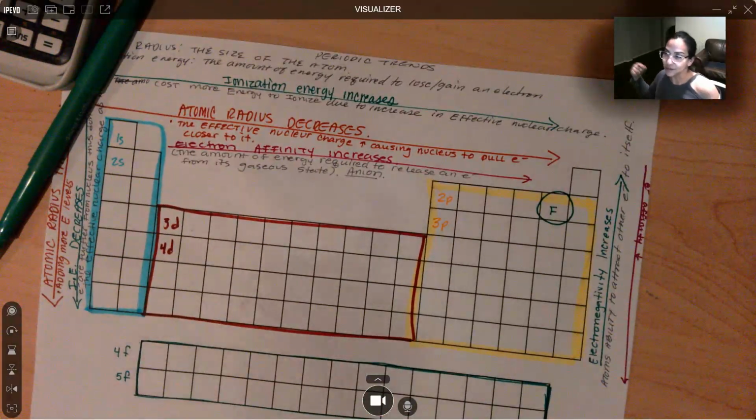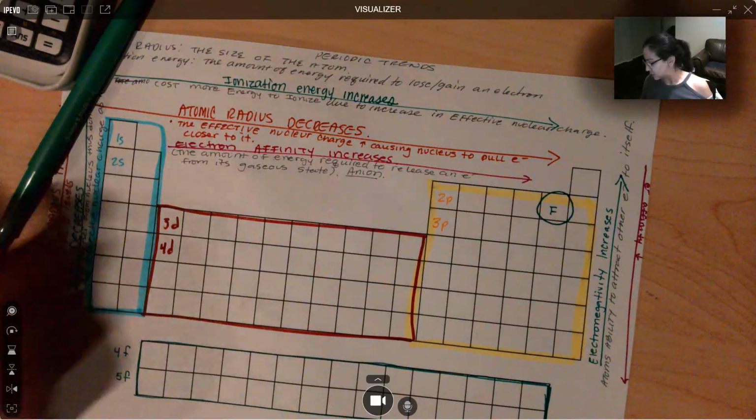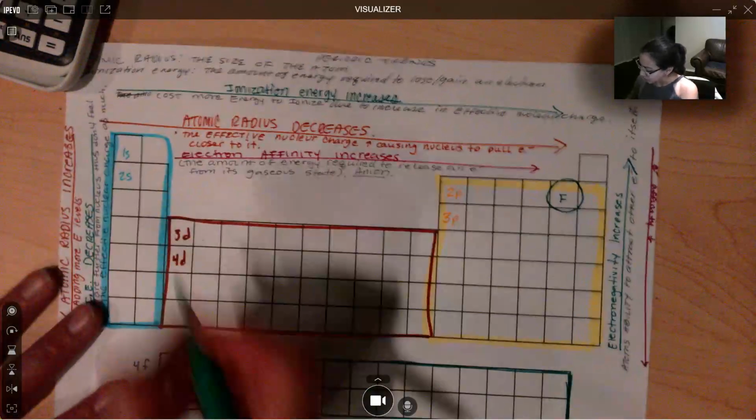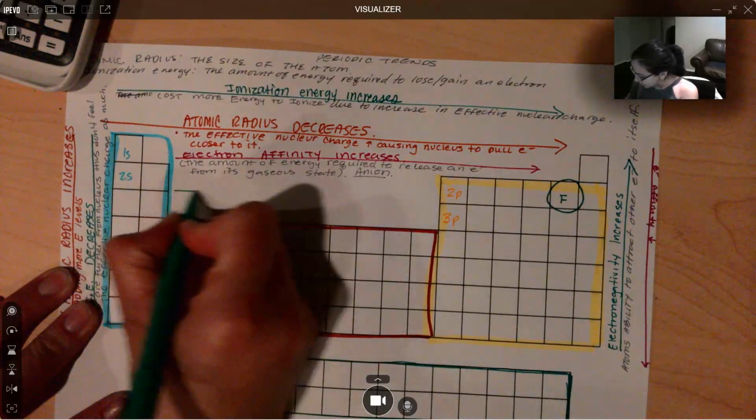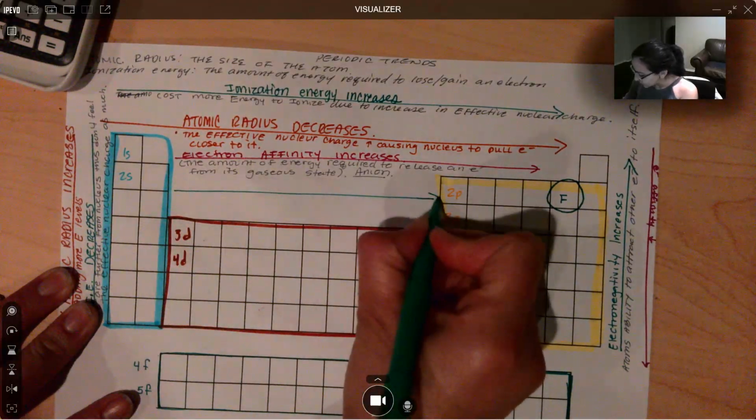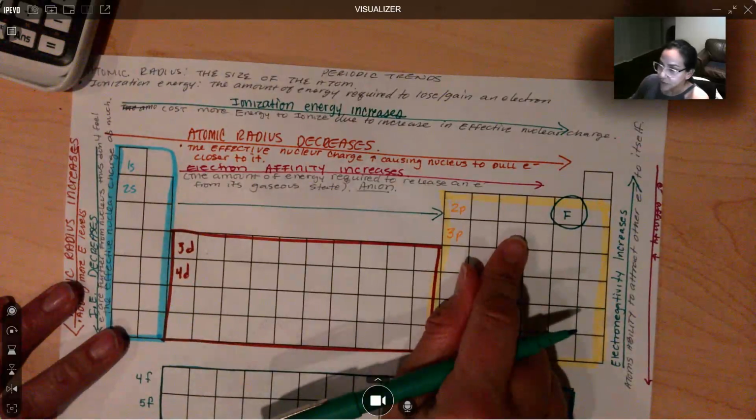So it's like basically going, hey, I'm more charming, come to me, right? And so the higher up on the periodic table you are, the more charming you're going to be, and the more willing those electrons are going to want to go with you. And electronegativity also increases as we go across the periodic table.